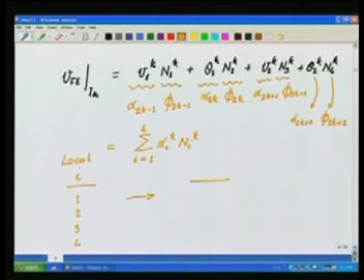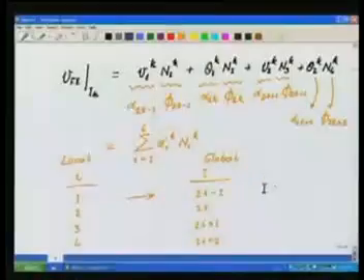Let me write it as big I. Big I is equal to 2k minus 1, 2k, 2k plus 1, 2k plus 2. This is the global. Now it is quite easy to write it in an algorithmic way.